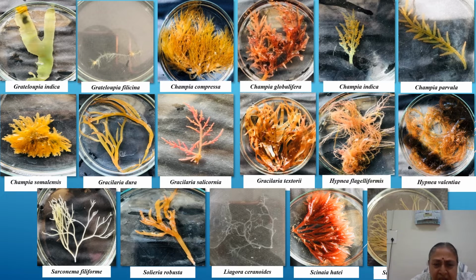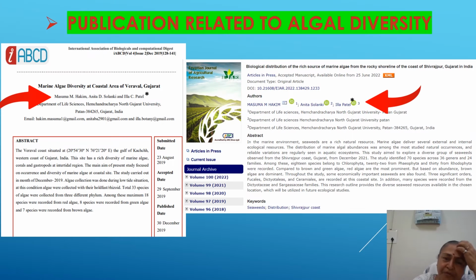Then here, the species diversity has also been reported in Gracilaria and Hypnea. We have reported Sarconema. There are a lot of species of red algae we have reported, and this is one of my publications, or publications of my team, that have reported the algal diversity of these two sites.